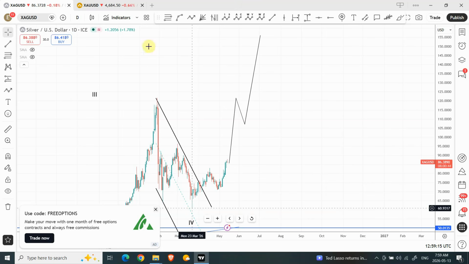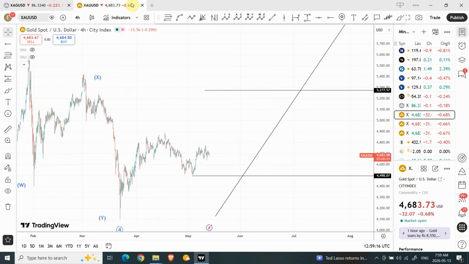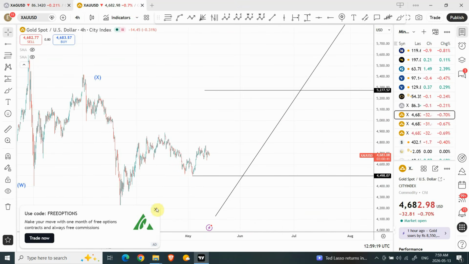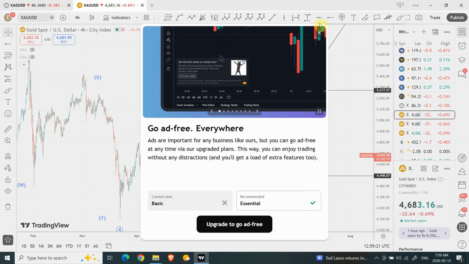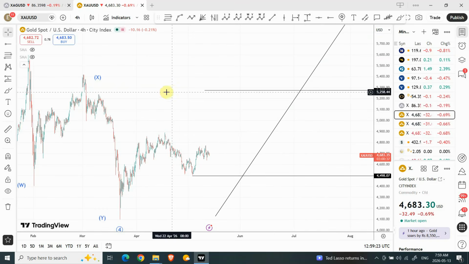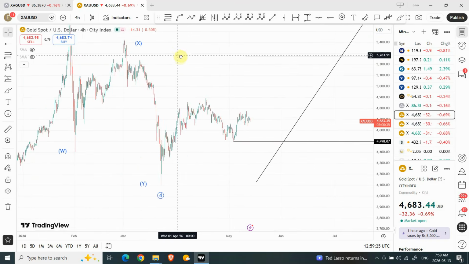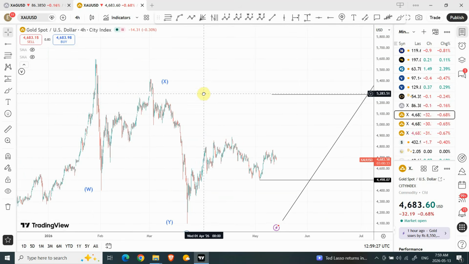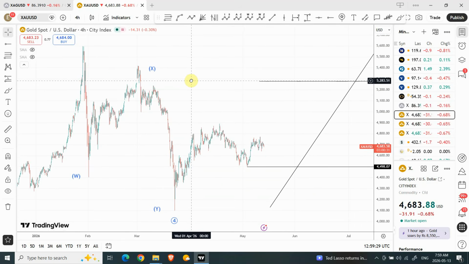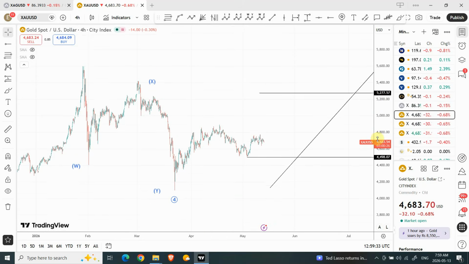All right, let's have a look at gold. Now gold is indicating that it's probably not as strong right now. It is once again bullish, but if you compare gold and silver, I'm expecting gold to move not as much as silver in terms of percentage.